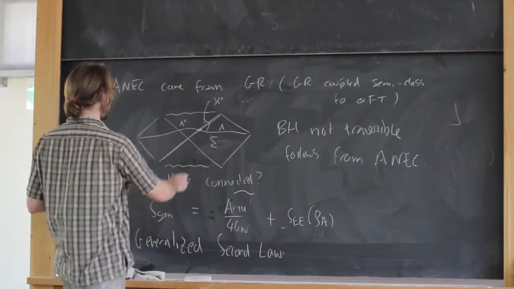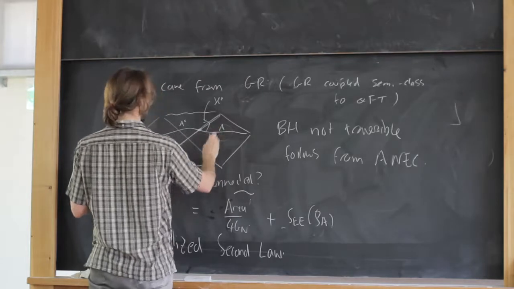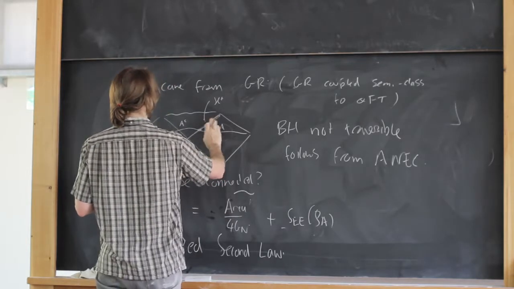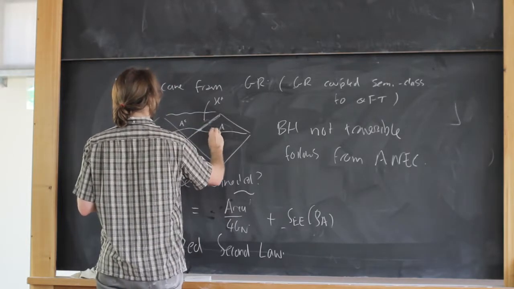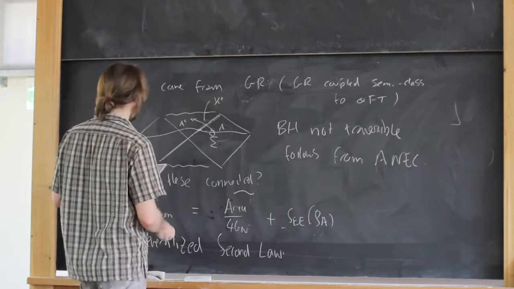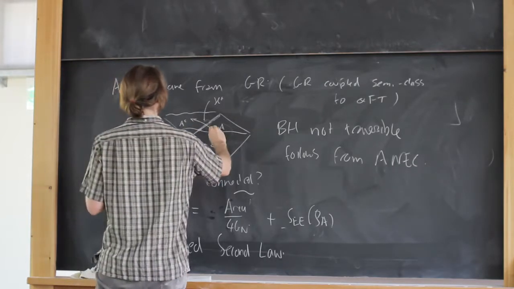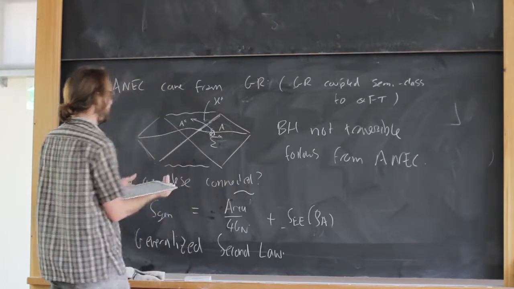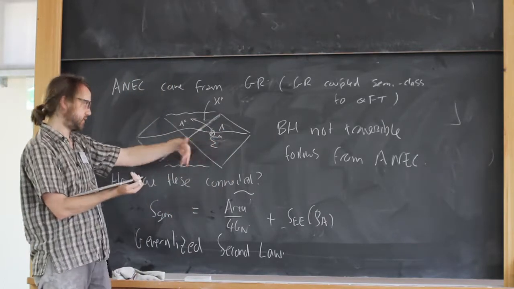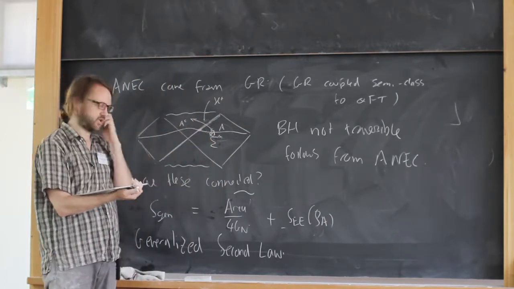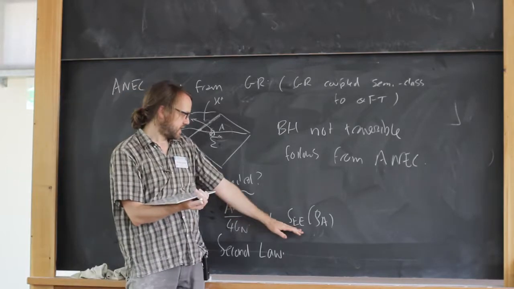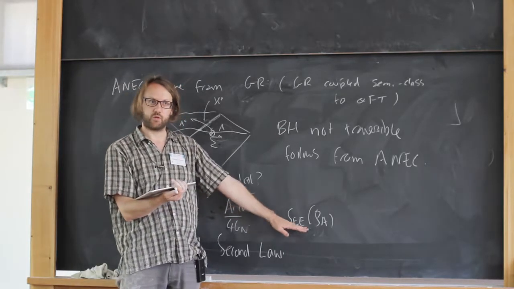To make it precise, that's the situation where I had some matter and threw it in. But really, to talk about this in terms of quantum fields, we should pick something which isn't the entropy of matter, because we don't really know how to define that. The entanglement entropy seems like a good quantity.